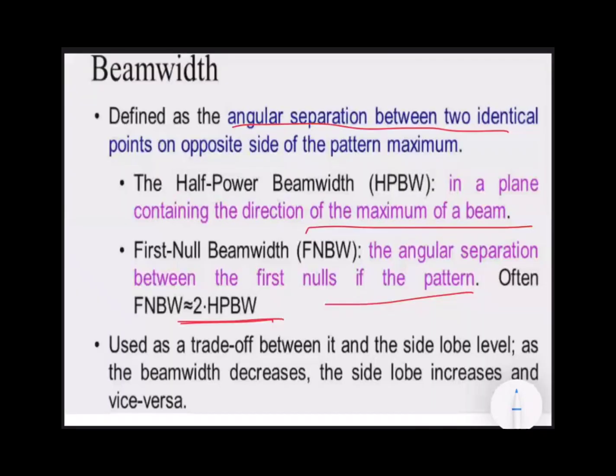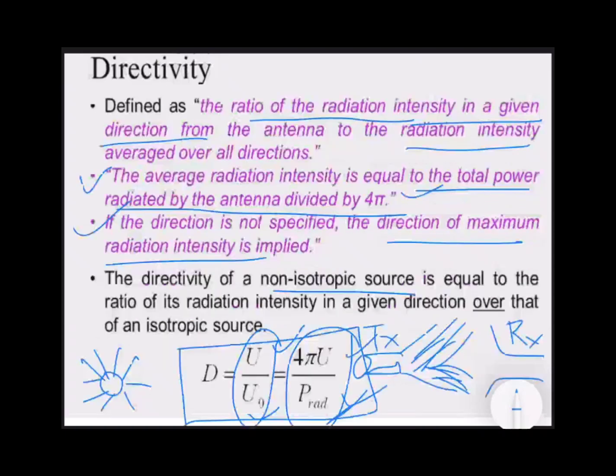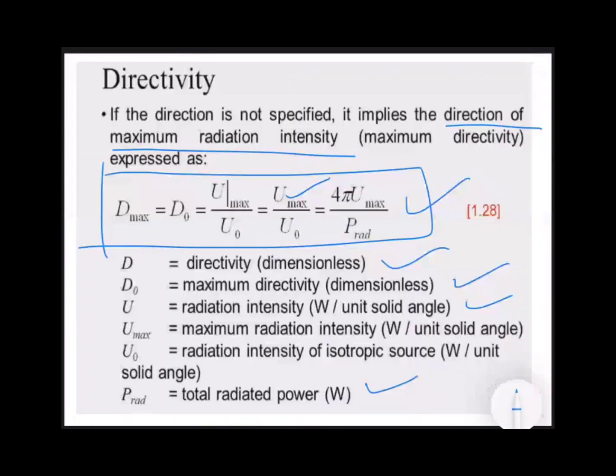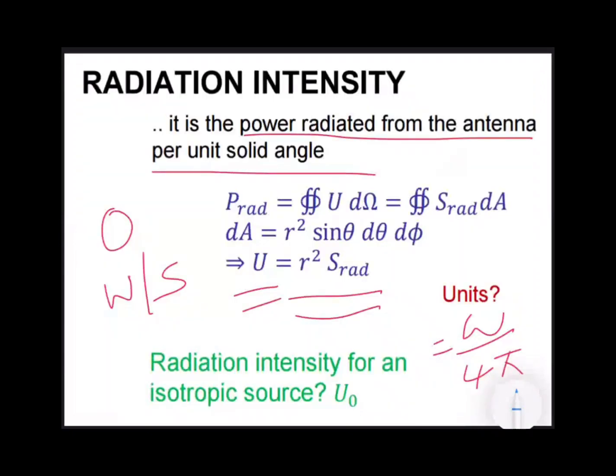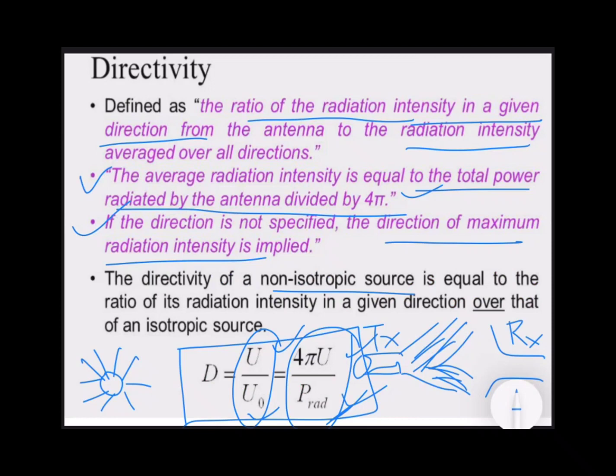So this is all about the radiation intensity and directivity of an antenna. Radiation intensity is defined as the power radiated from the antenna per unit solid angle, which is expressed as U is equal to r square into power density. And secondly, the directivity of an antenna is defined as the ratio of radiation intensity in a given direction from the antenna to the radiation intensity averaged over all directions.